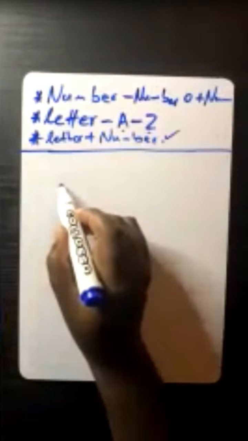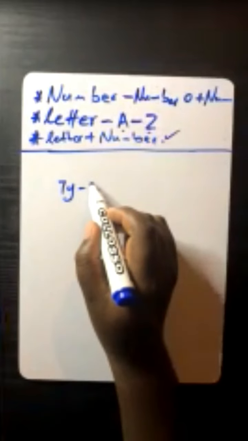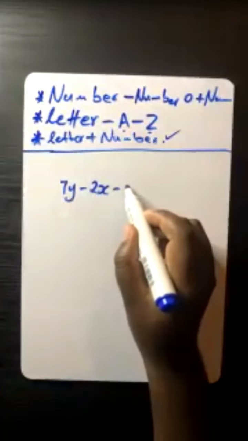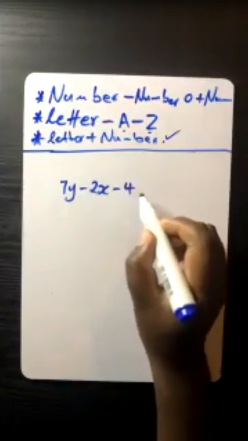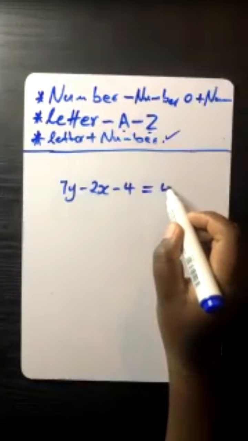So let me now show you something. I'm very much happy that your level of understanding is in good state. It's actually where I wanted it to be. So let me show you something. Let's say you've got 7y minus 2x minus 4, it's equals to let's say 4.